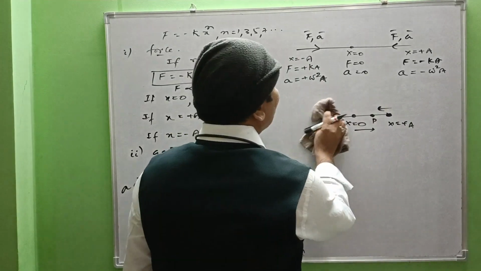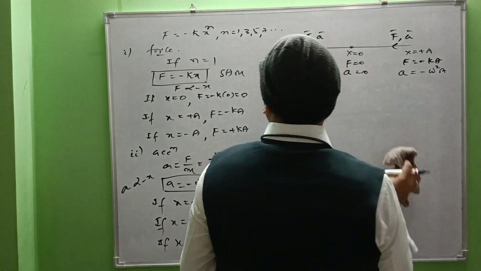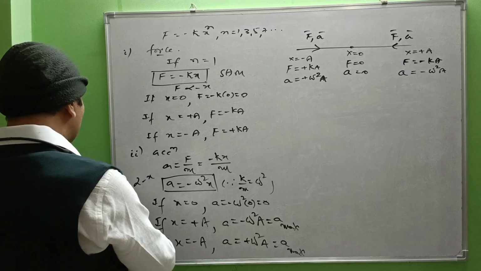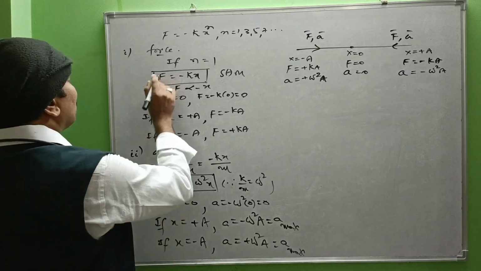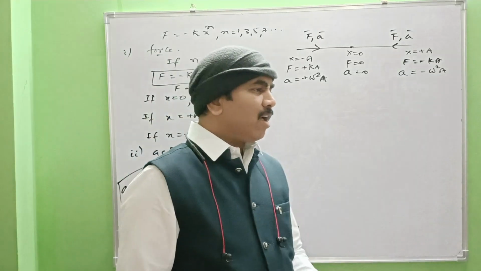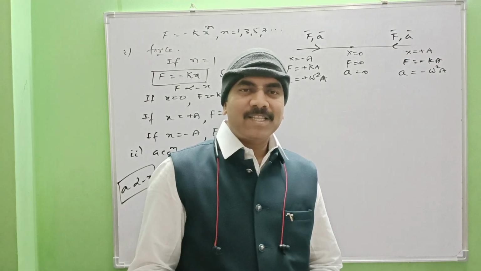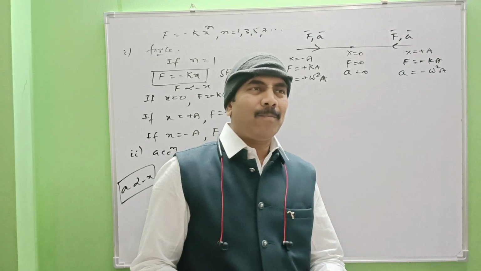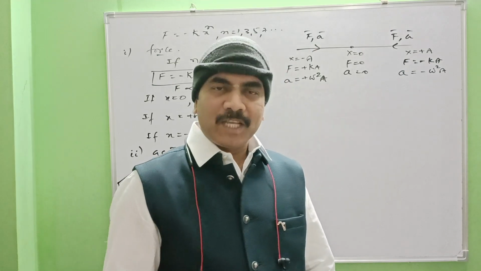So next one. Force is directly proportional to minus x. Acceleration also directly proportional to minus x, right? So this is one of the characteristics of simple harmonic motion: both force and acceleration are directly proportional to displacement.